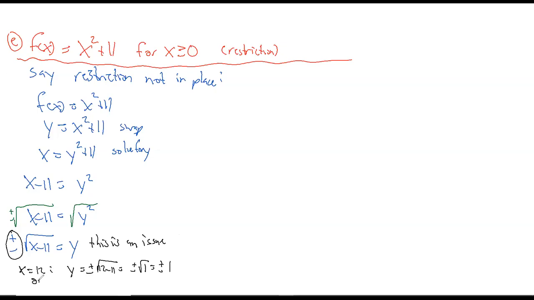So that is one input leading to two outputs, which means it's not a function. So the inverse is not a function. This was supposed to be the inverse function, but it's not a function because of the plus or minus. This was an issue we talked about, maybe a week before spring break, something like that.